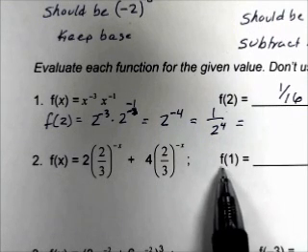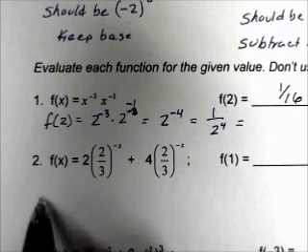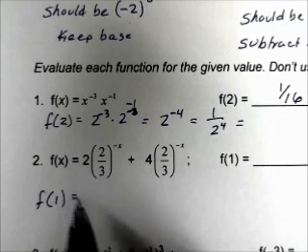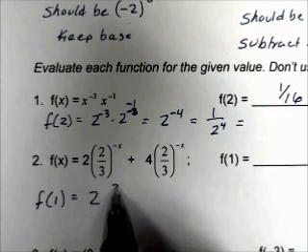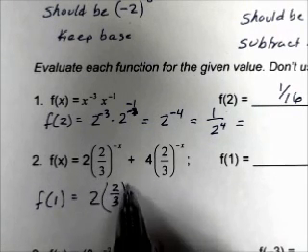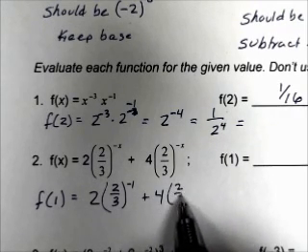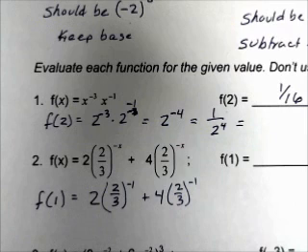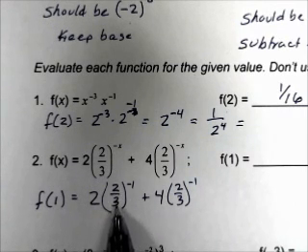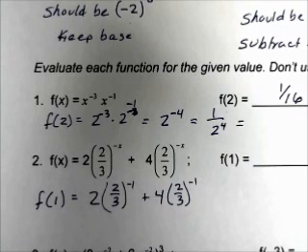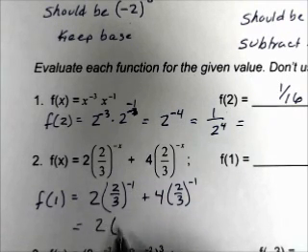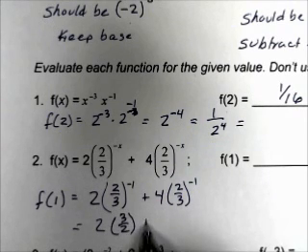Next, we want to evaluate f of 1. F of 1 equals 2 times 2/3 raised to the negative 1 plus 4 times 2/3 raised to the negative 1. Okay, so now just the 2/3 is raised to the negative 1, so take care of the negative, invert the fraction. So we'll have 2 times 3/2.